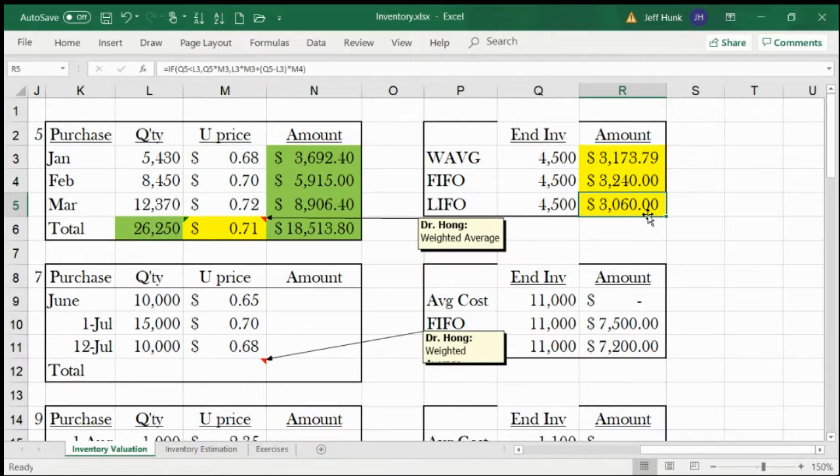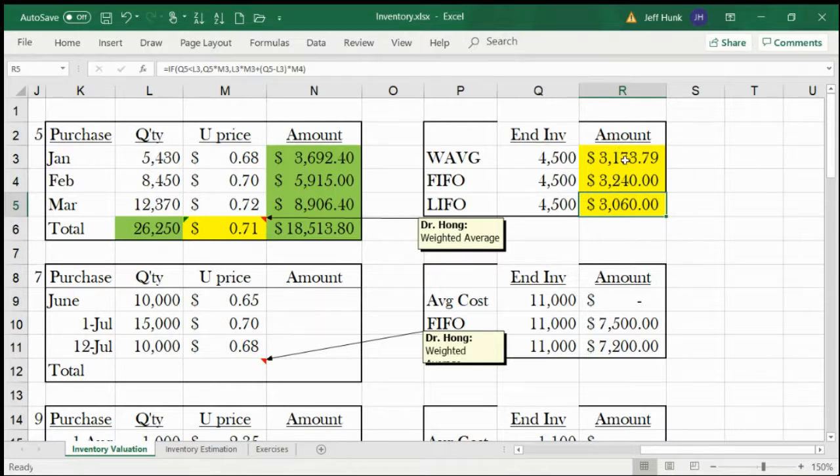Yeah, that's the LIFO valuation of ending inventory. Now, here's a quick reasoning. If you are smart and clever, this is revealing two things to you.